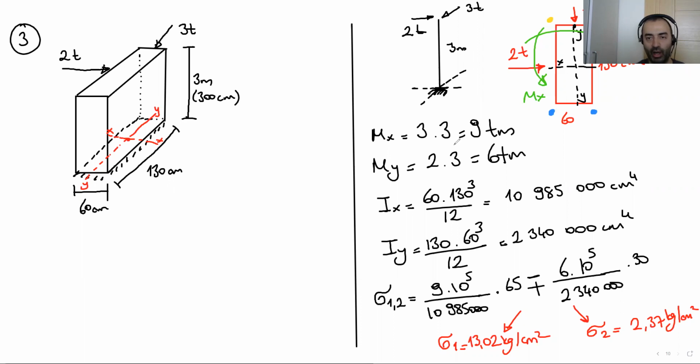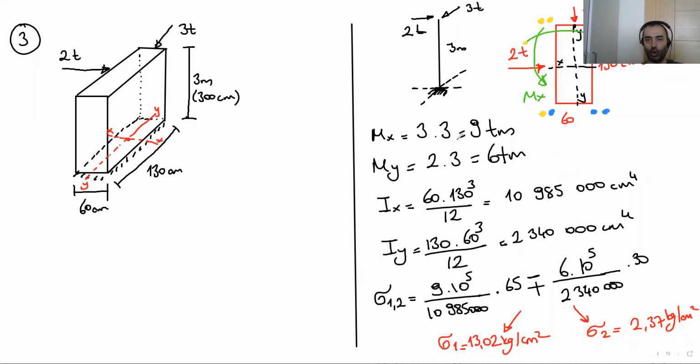Let's look at the My. My starts from here and goes to the right-hand side. The arrow side is the compression side. So we have compression here, we have compression here. At the left-hand side, we have tension. We have tension, as you can see.